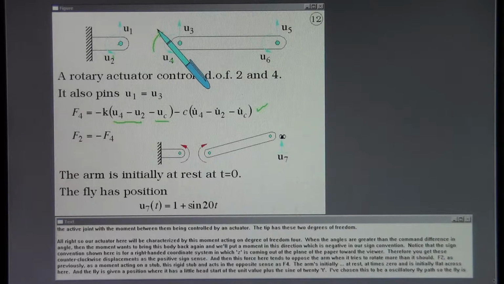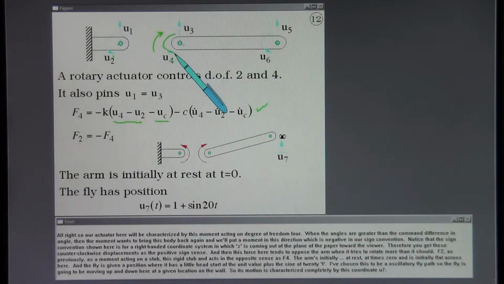Notice that the sign convention shown here is for a right-handed coordinate system in which Z is coming out of the plane of the paper toward the viewer. Therefore, you get these counterclockwise displacements as the positive sign sense. And then this force here tends to oppose the arm when it tries to rotate more than it should.